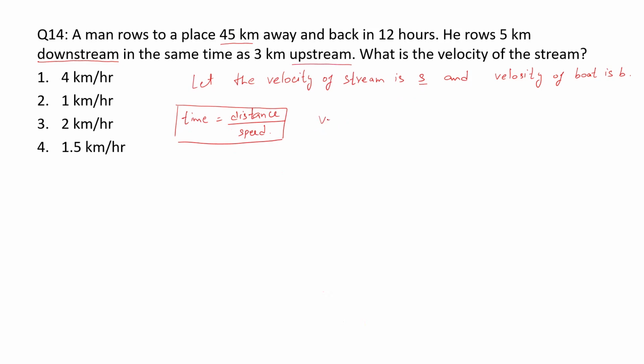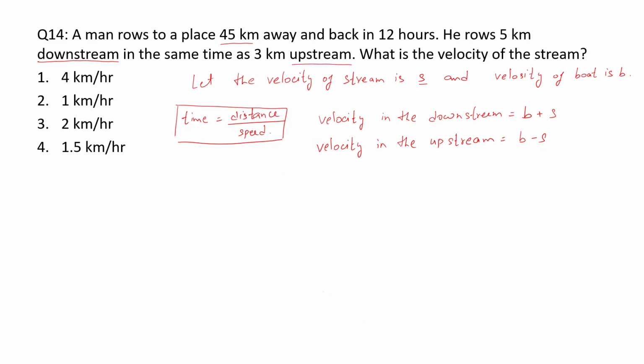So what would be the velocity when he is going downstream? The velocity is b plus s, because the velocity of the stream is contributing, as you are going in the direction of the stream. What would be the velocity when you are going in the opposite direction of the stream, upstream? It is b minus s.